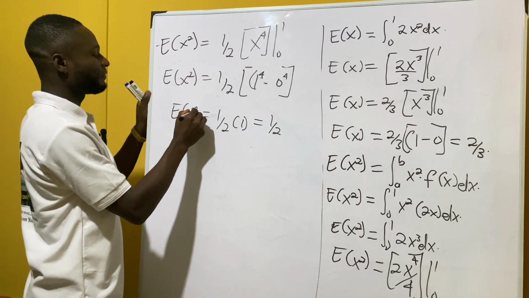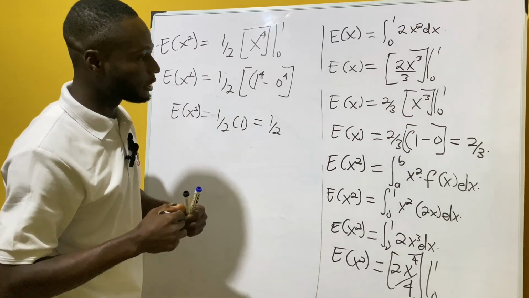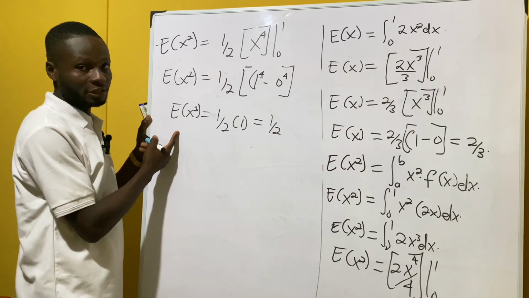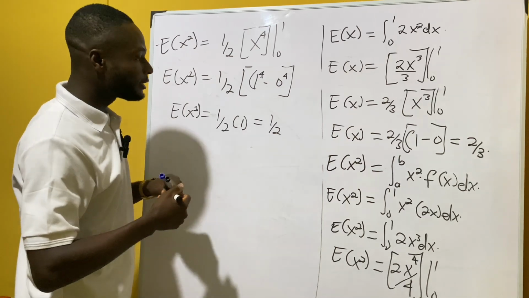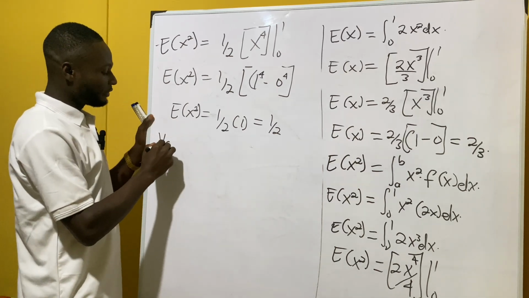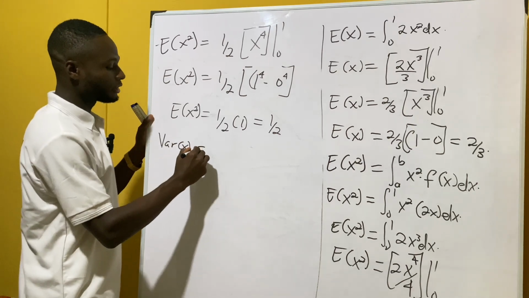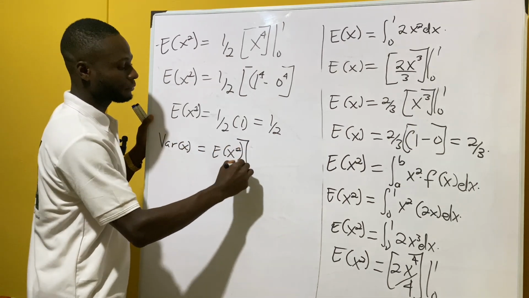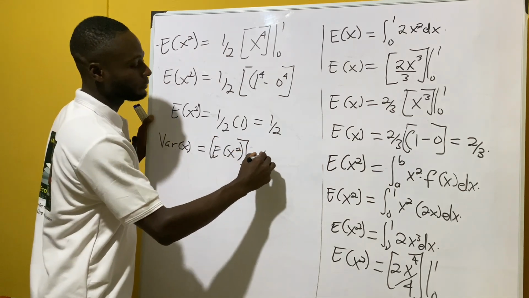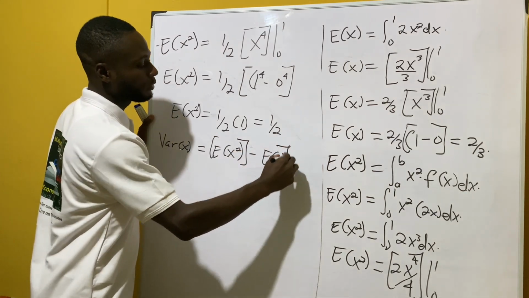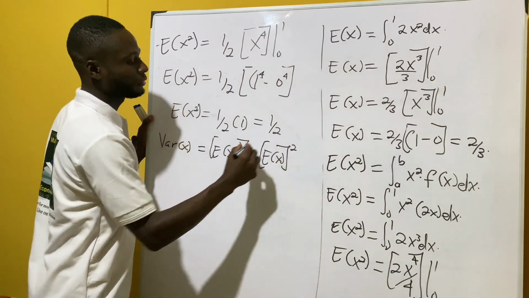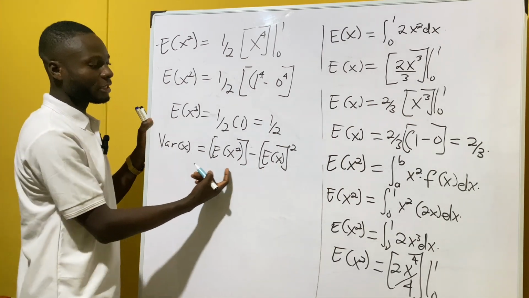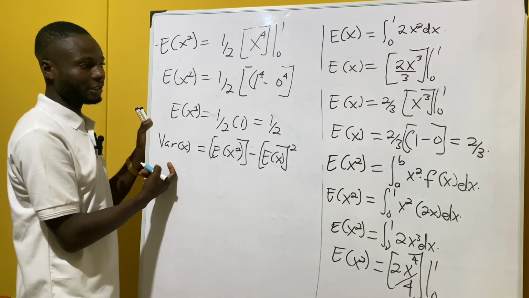So now we have the first moment, which is the expectation of x, and we have the second moment, which is the expectation of x squared. So now we can formulate the formula for variance, which is equal to expectation of x squared minus expectation of x all squared, right? So now we have all these parameters, so we put them inside to find the variance of x, right?